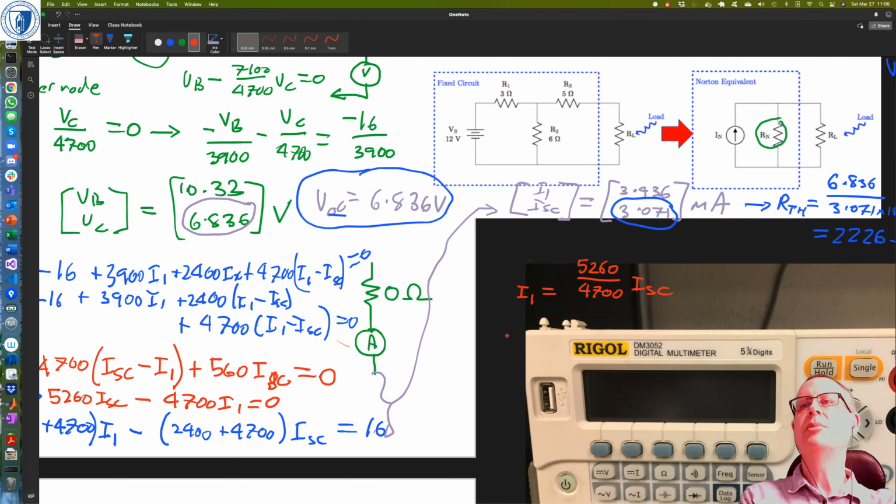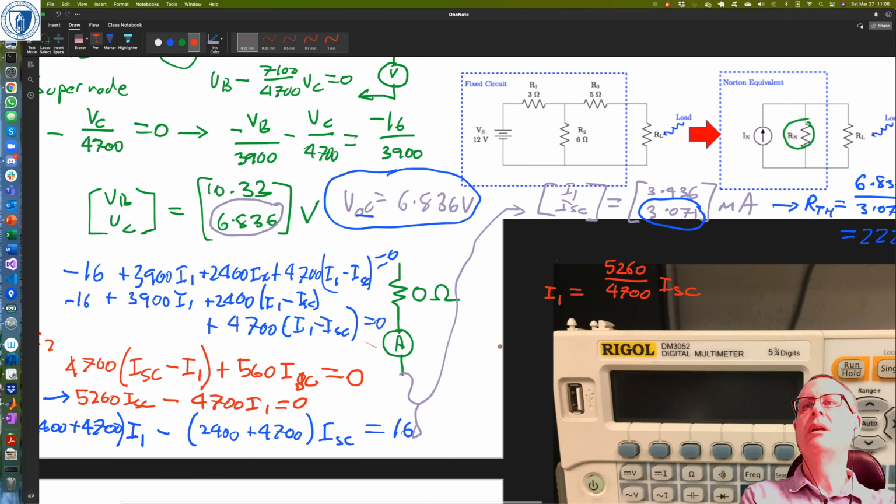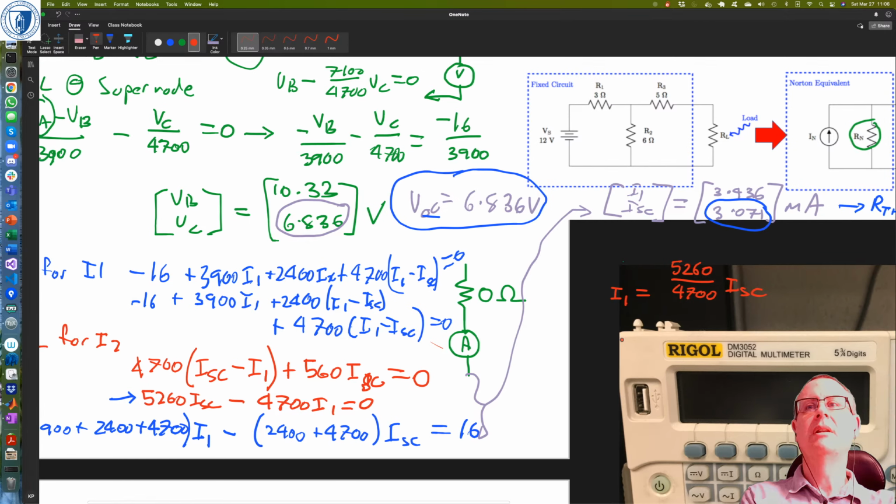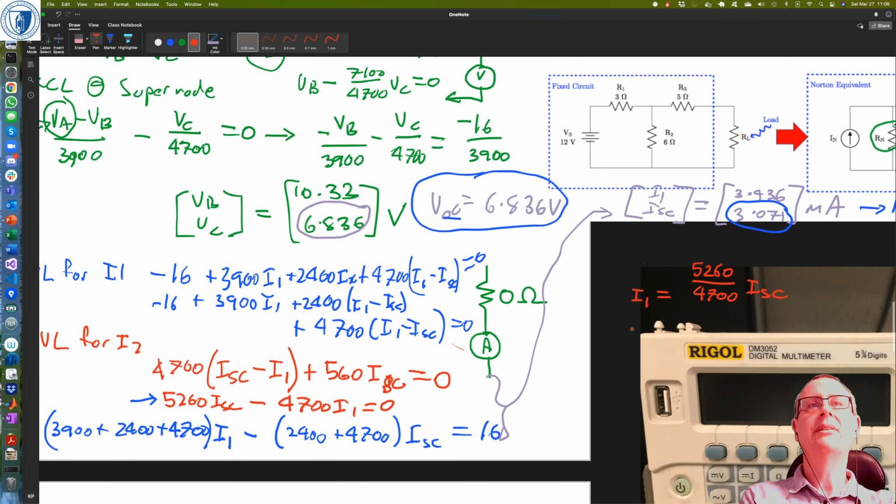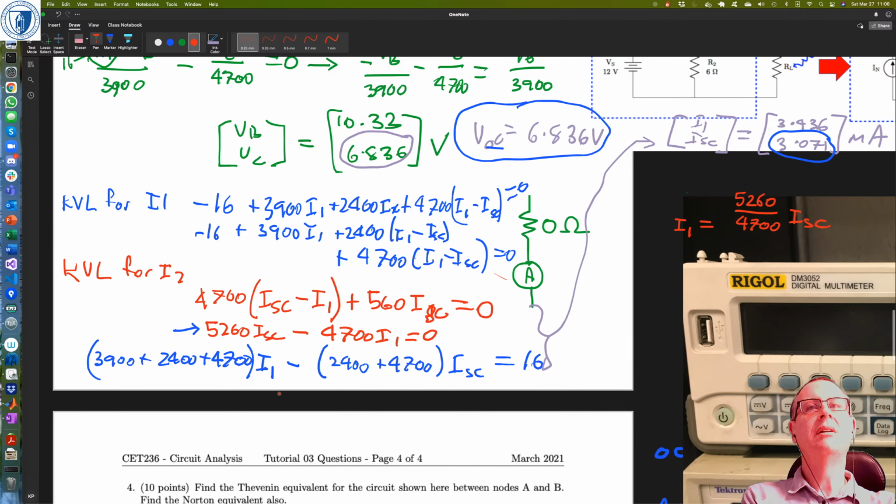And then we can substitute that into here, right?